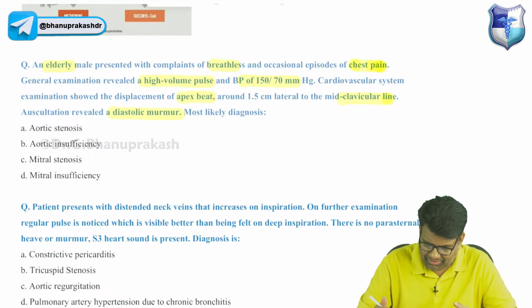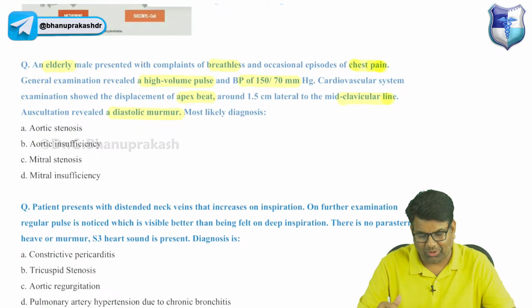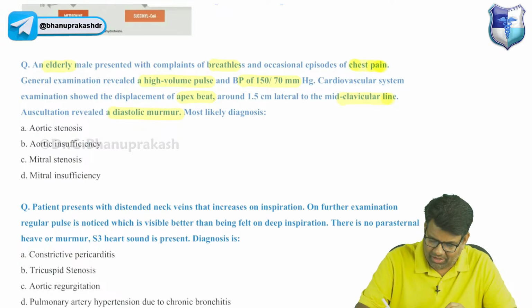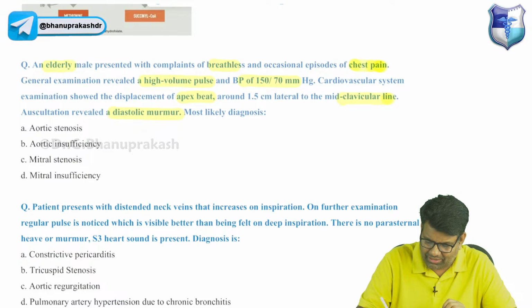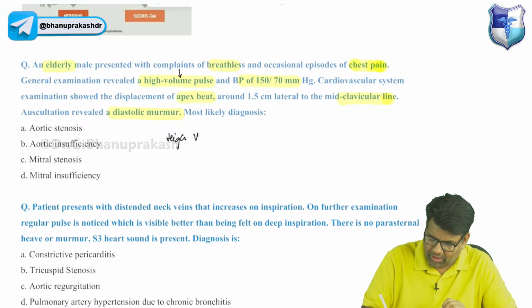I do agree that diastolic murmur is heard in mitral stenosis, but it is not the only condition in which we will find diastolic murmur. Here, there are certain more points which you need to address. Number one, high volume pulse.